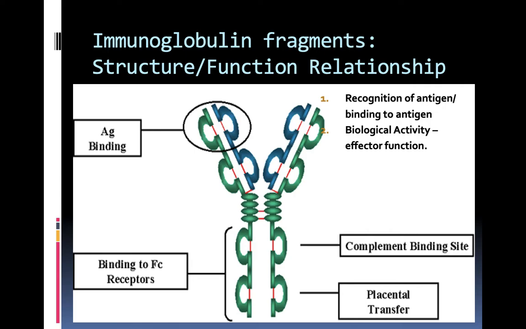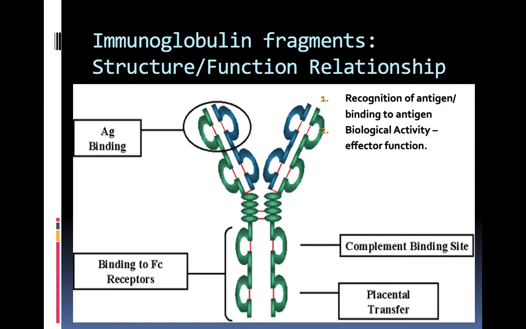So we've discussed thoroughly the biochemistry of immunoglobulins and the structural biology. We'll now proceed to the different isotypes or the antibody classes that are found in the human vertebrate.